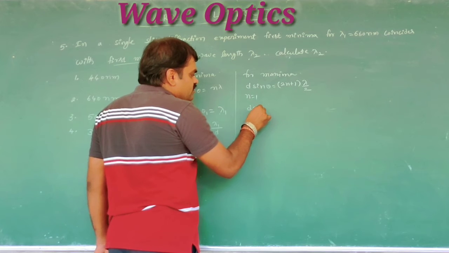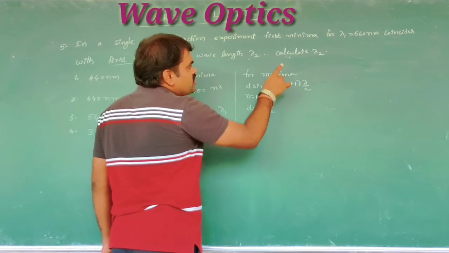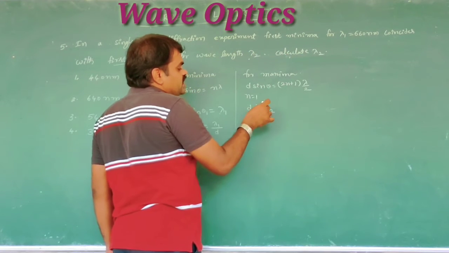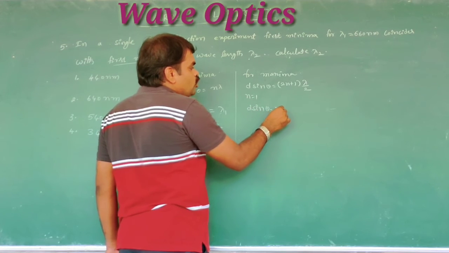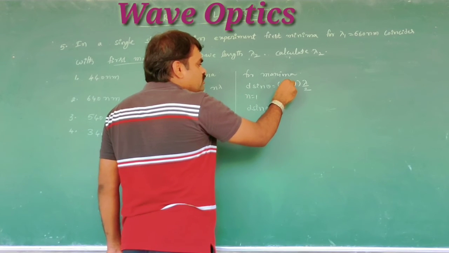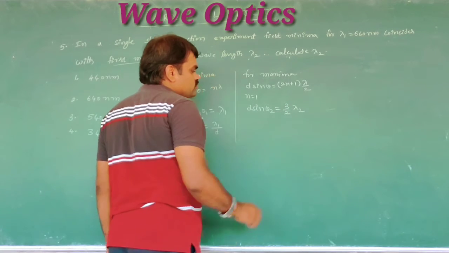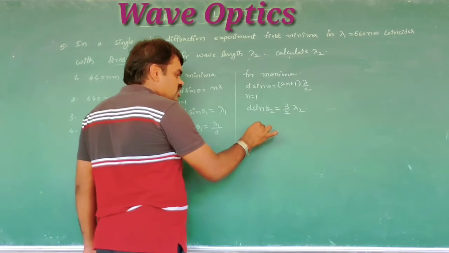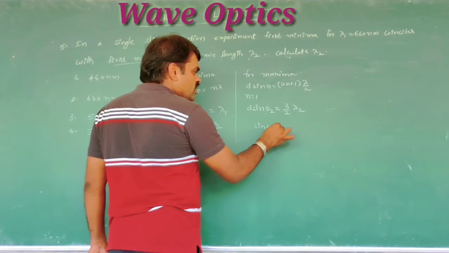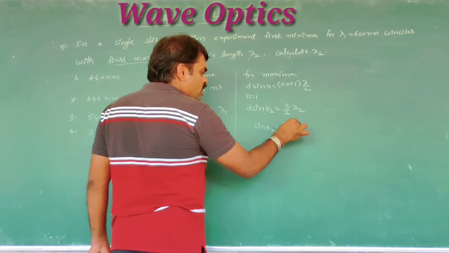Then d sin theta 2, because lambda 2 is incident on the slit, is equal to (2 into 1 plus 1), that is 3 by 2 lambda 2. Now sin theta 2 is equal to 3 by 2 lambda 2 by d.